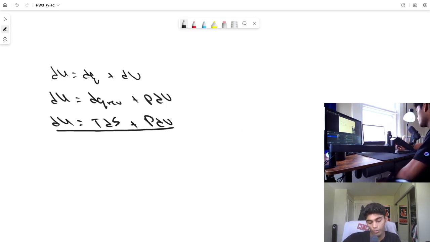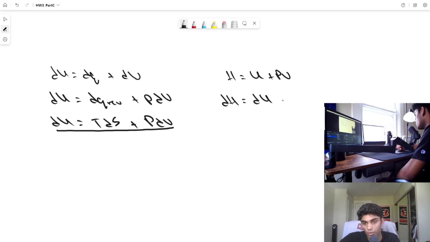Now we're going to use our enthalpy equation, which is U plus PV. And so if we take the differential of each of these, we're going to get dH is equal to dU, and we're going to product rule this. We're going to get PdV plus VdP.